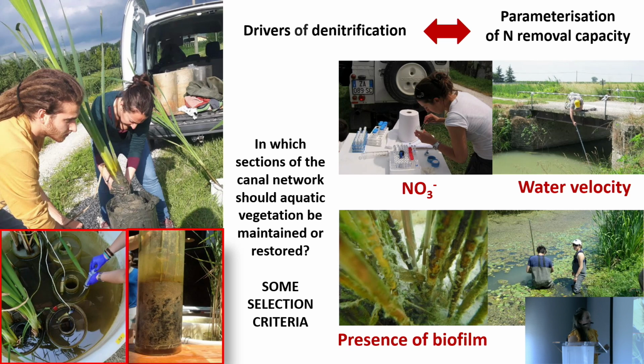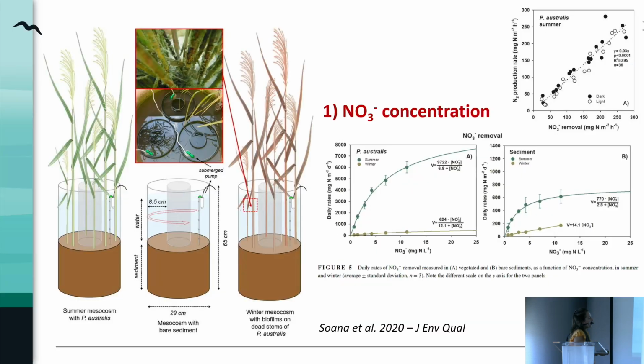But these plants can be very important. For example, for the nitrate concentration, we measured that denitrification responds almost linearly to increasing nitrate concentration, but then was saturated at higher concentration. So if we need to select canals, we need to consider, for example, canals with a concentration up to 5 milligrams per liter.